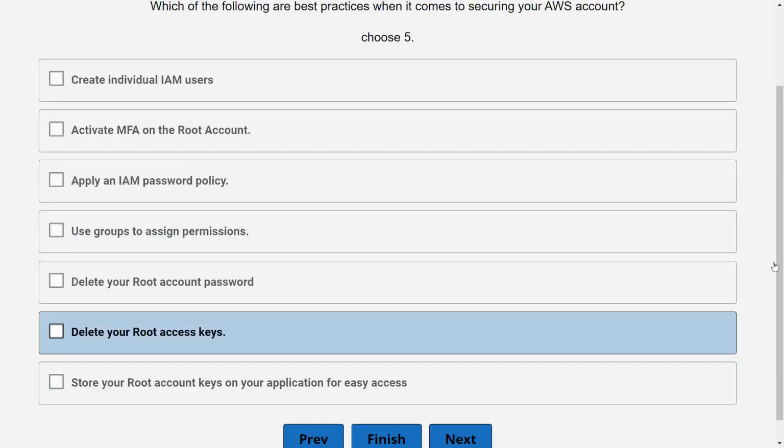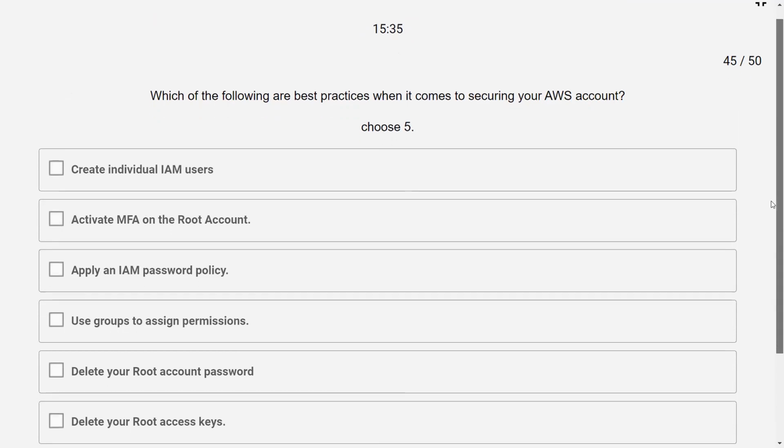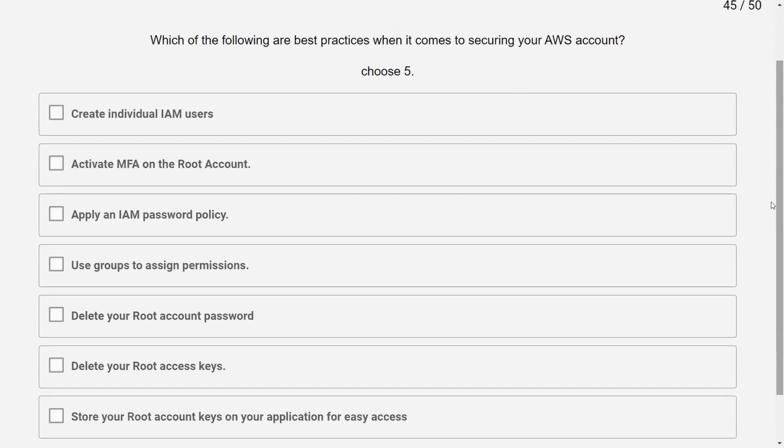Go on. Next. Which of the following are best practices when it comes to securing your AWS account?